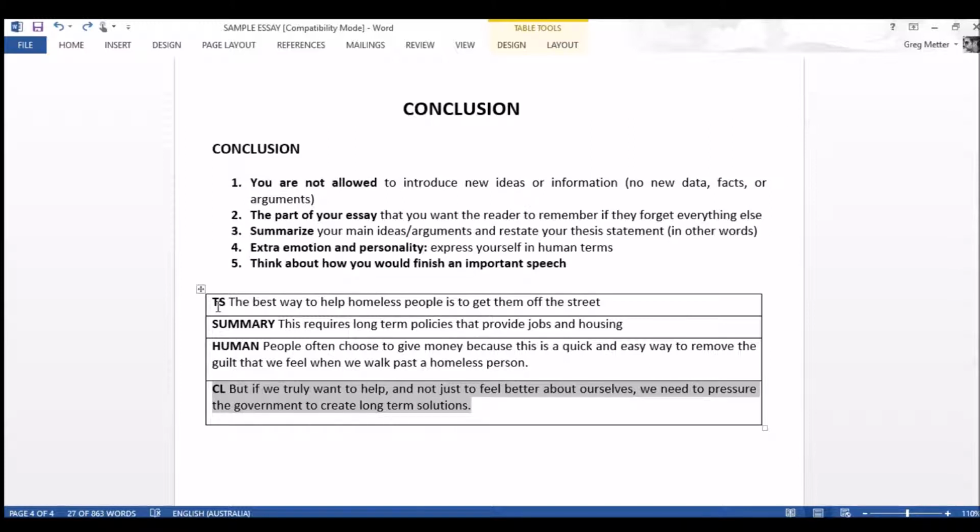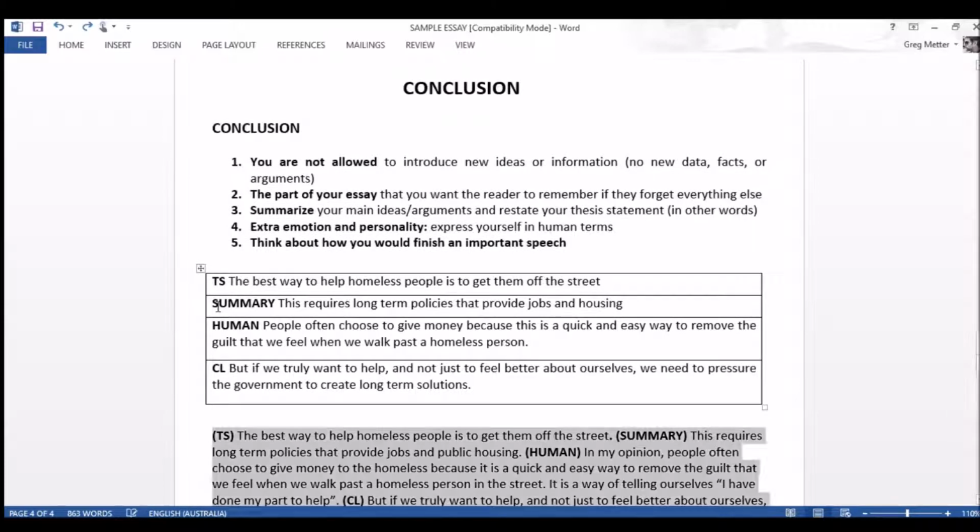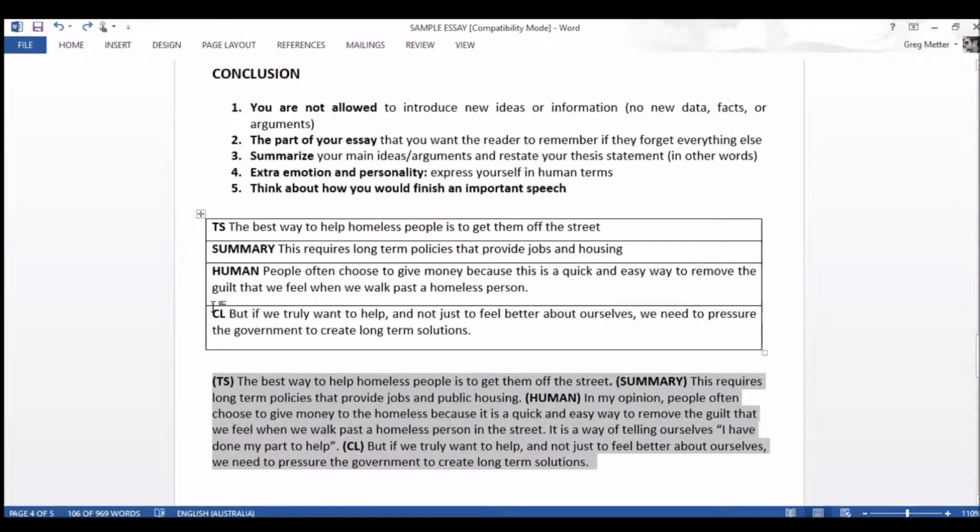This is a very nice way to close the conclusion and therefore close the essay by saying, if we want to help, let's do this. End of essay. Okay? Let's see how this plan becomes the conclusion in its final form.